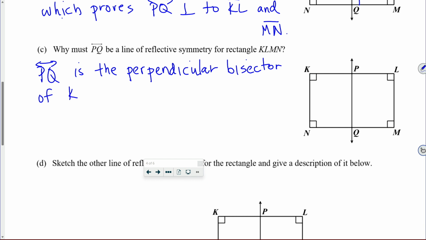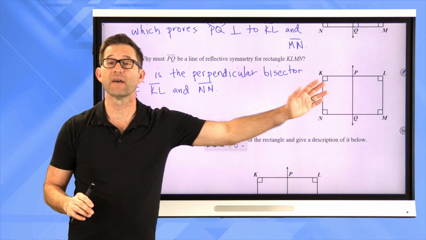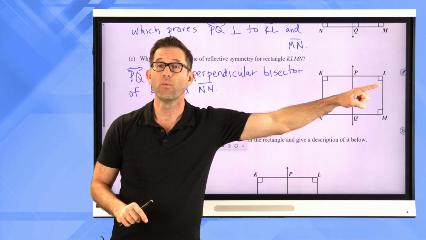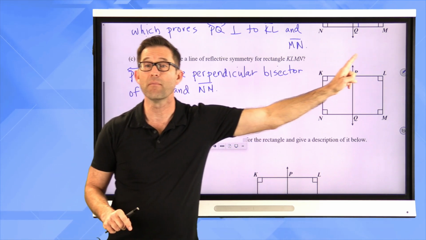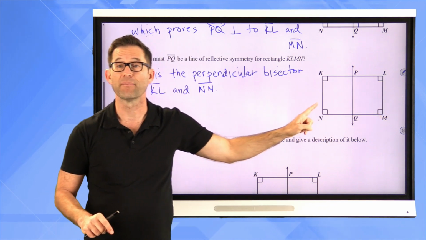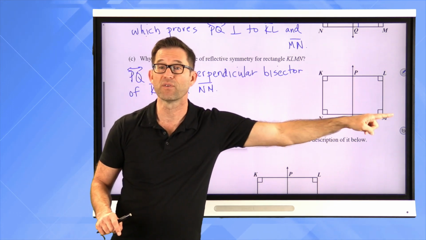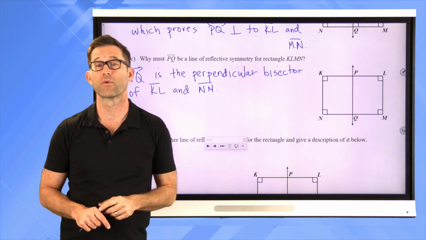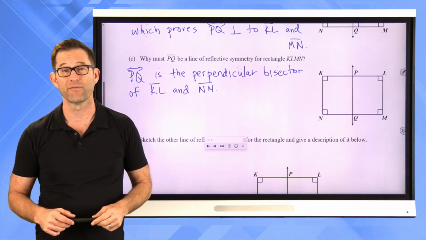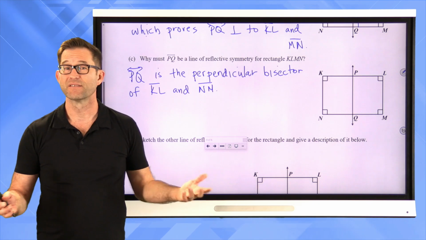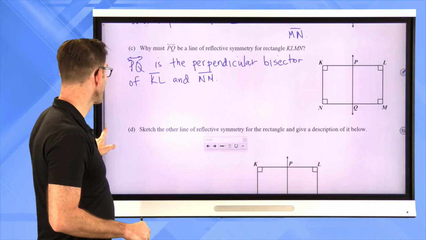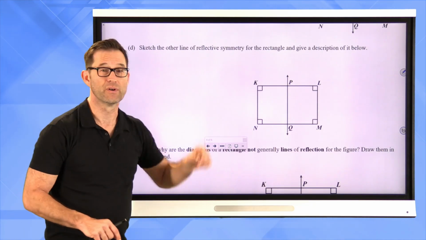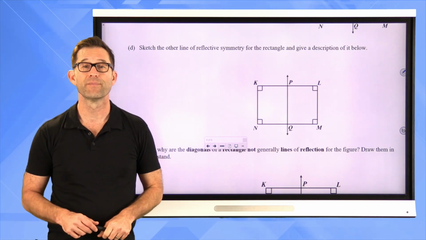So if we were to reflect the rectangle across that, L would get mapped to K, K would get mapped to L, M would get mapped to N, and N would get mapped to M, and therefore the quadrilateral would be mapped onto itself. Okay? Simple enough. And now, of course, we can get our final line of symmetry for the rectangle, letter D.